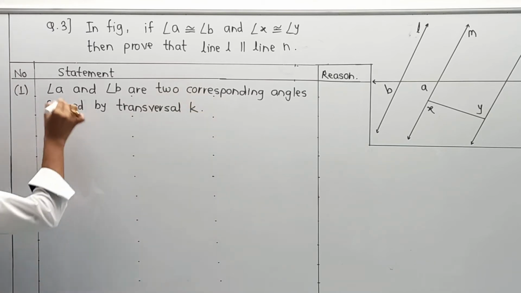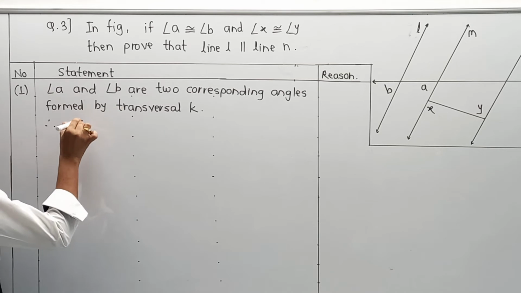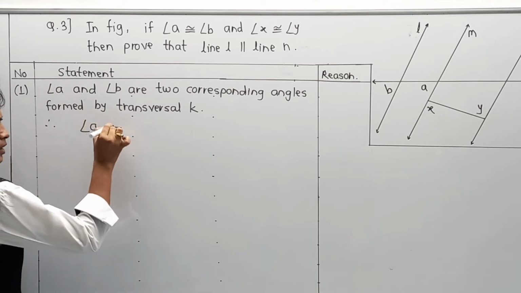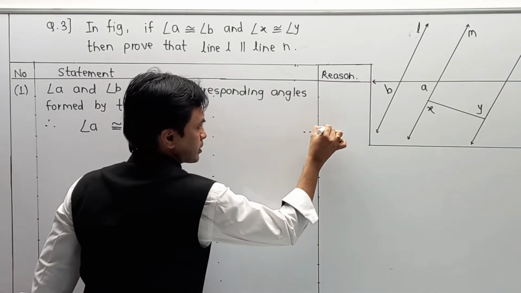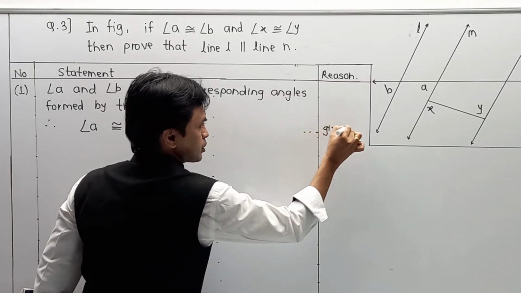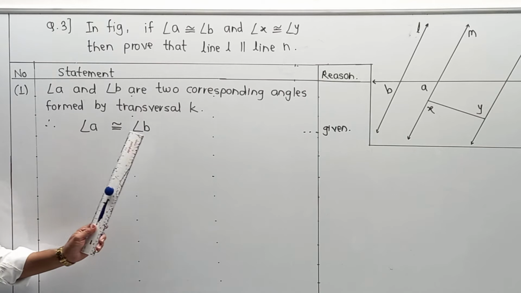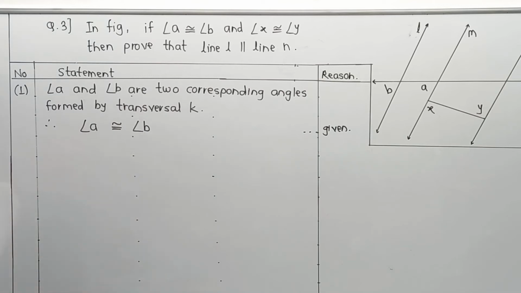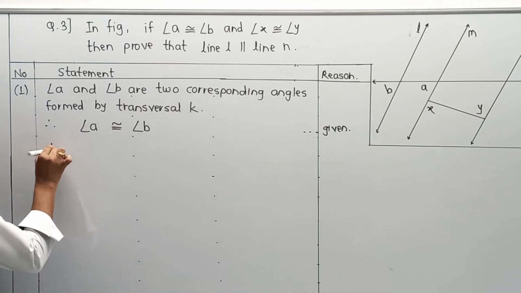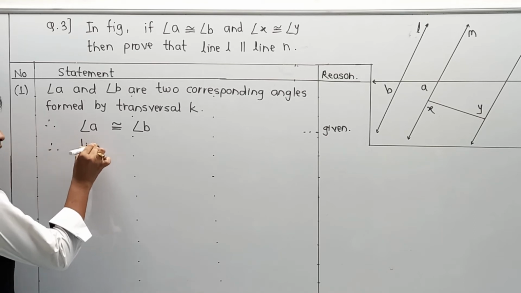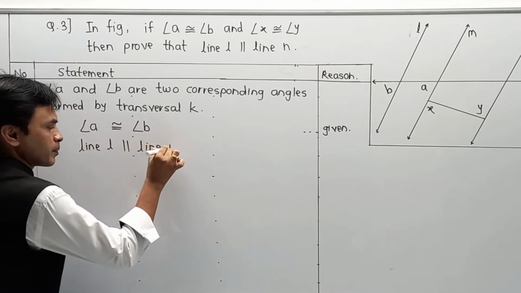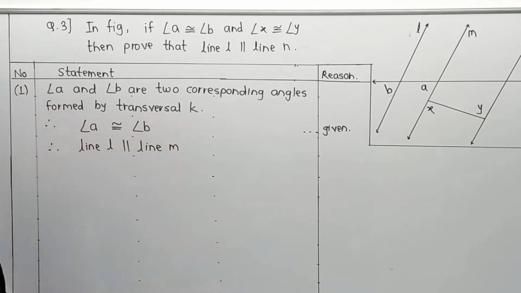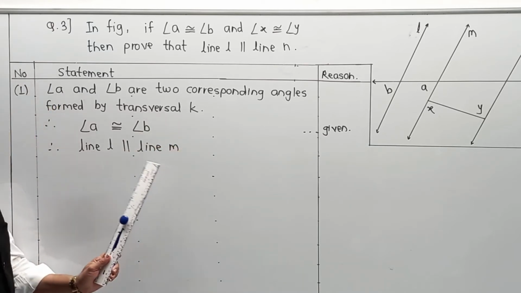Now, they have given angle A is congruent to angle B. They have given. So, if angle A is congruent to angle B, naturally line L is parallel to line M. Therefore, line L is parallel to line M. And when corresponding angles are congruent, lines are parallel.